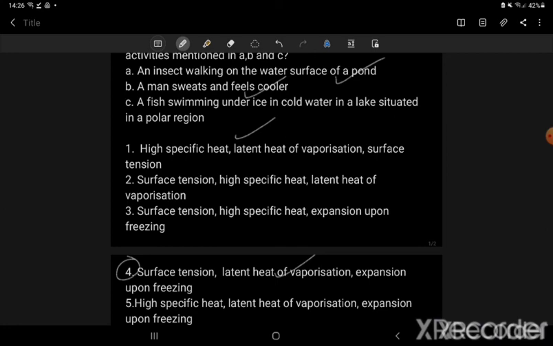Because there's liquid underneath the ice layer, fish, seals, like aquatic animals, can live freely. That property is due to expansion upon freezing, because water freezes upon expanding and the density reduces, therefore it floats on water. So the answer is the fourth one. Nice question. All right, so we'll finish discussing from here.